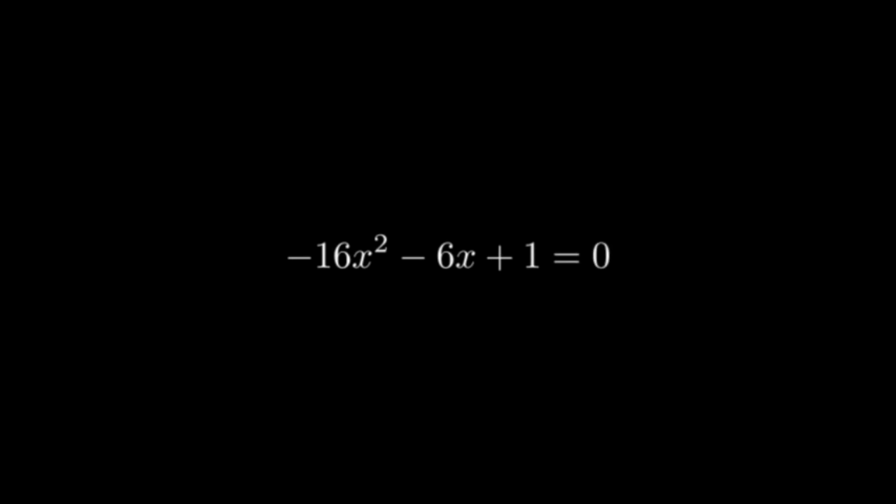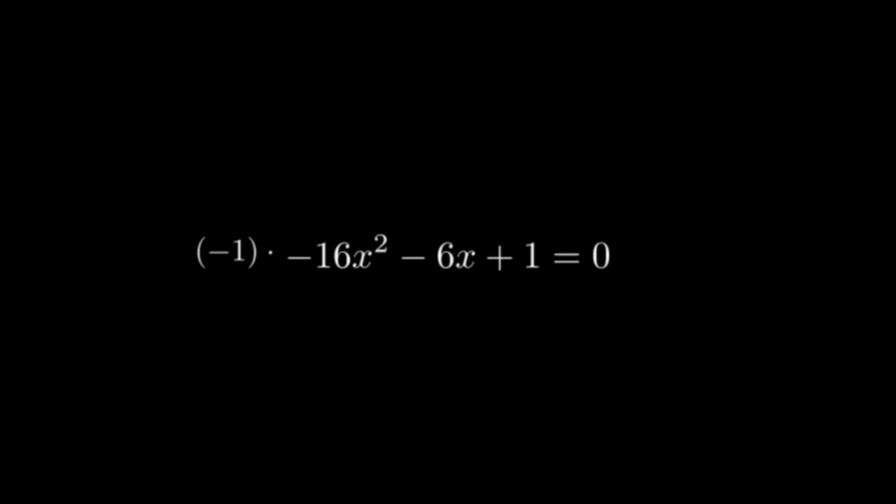Notice that the leading coefficient is negative, which can make applying the quadratic formula a bit more challenging. To make our work easier, we'll multiply every term on both sides of the equation by negative 1. This will give us a positive leading coefficient without changing the solutions of our equation.